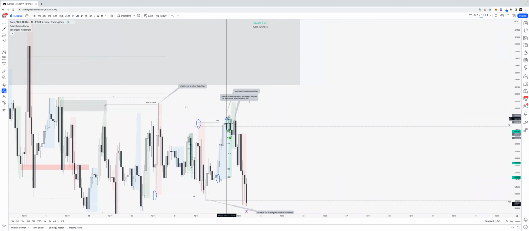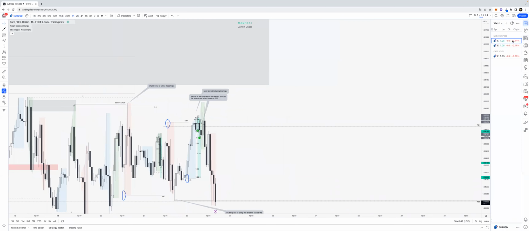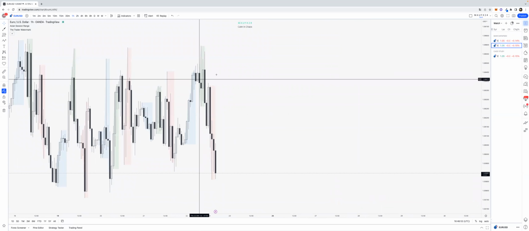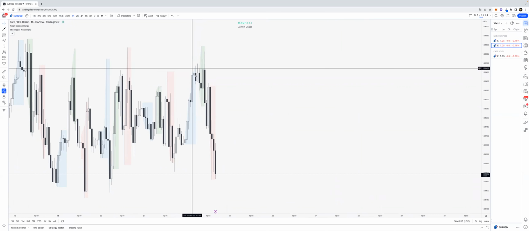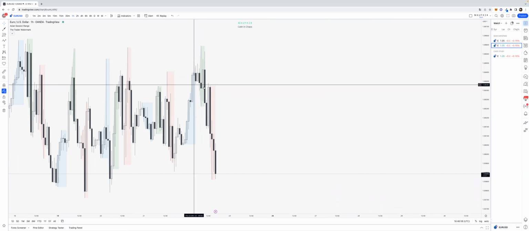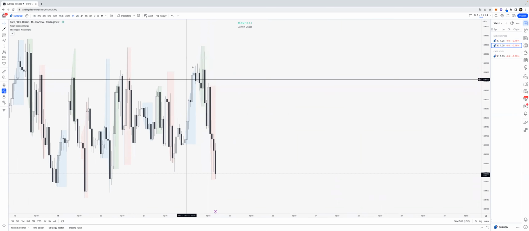Can we see? Not a strong bullish candle, again leaving wicks to the upside, then more of a ranging candle here, but taking out these lows.